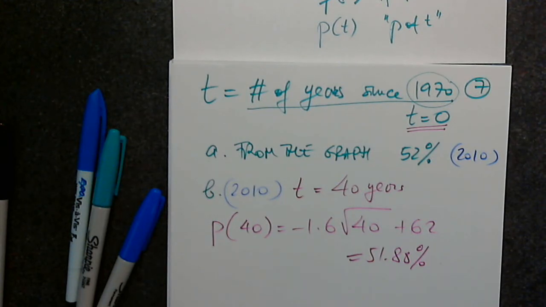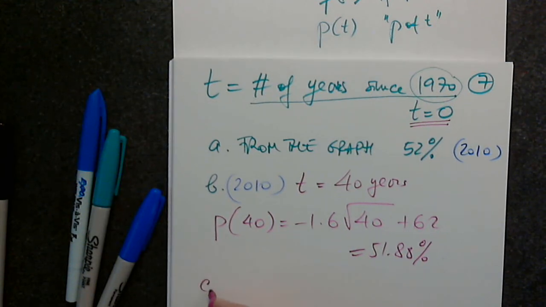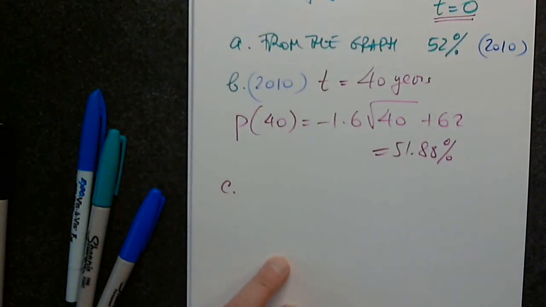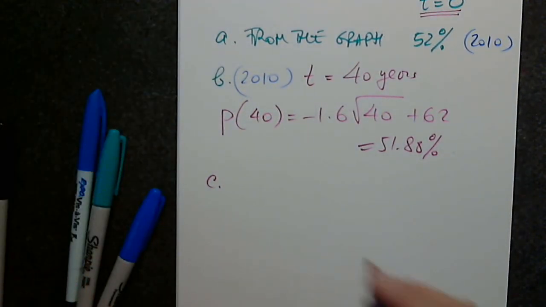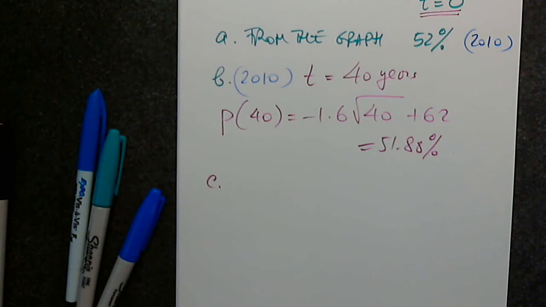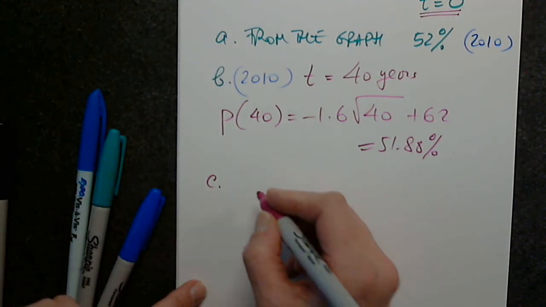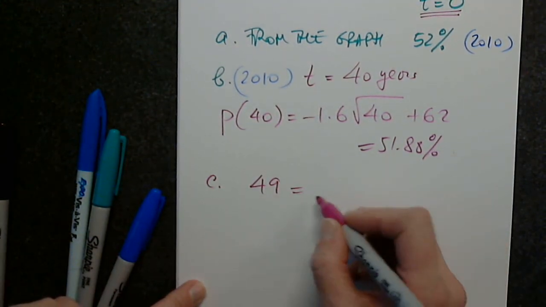Last question here. According to the formula, when will 49% of jobs in the U.S. labor force be held by men? What do I do now? Excellent. 48, or did I say 48 or 49? 49. Thank you. Awesome. Great job.